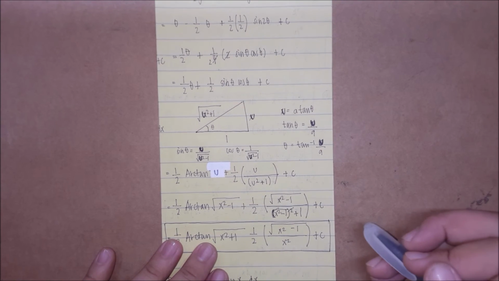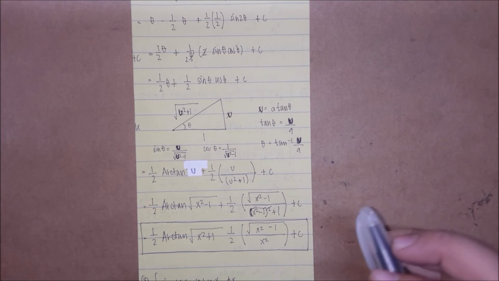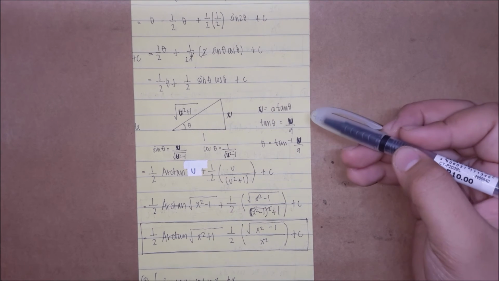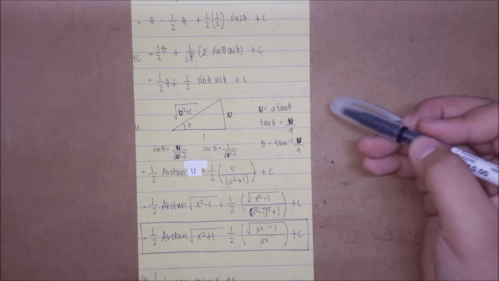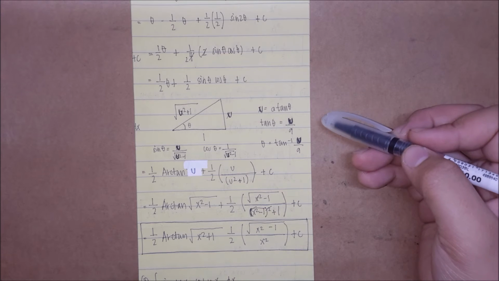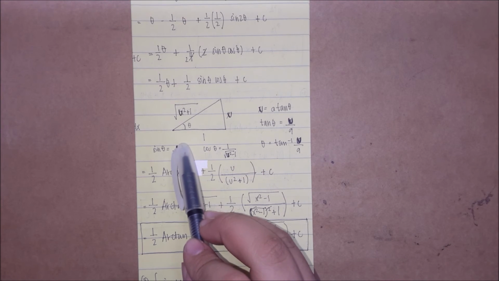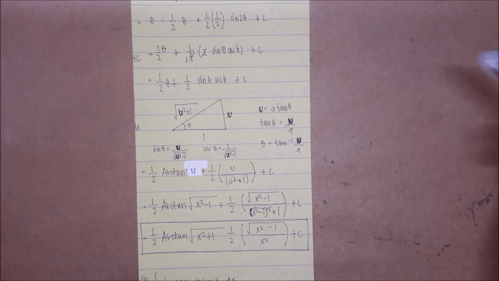We will use the right triangle to form the values. So since we use u equals a tan theta, then tan theta is also equal to u over a. Then we can substitute it in the triangle, and we get the values.